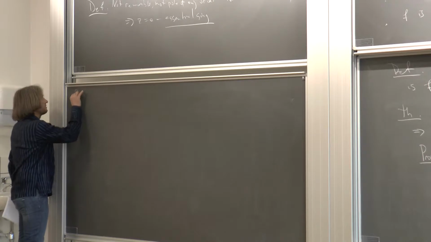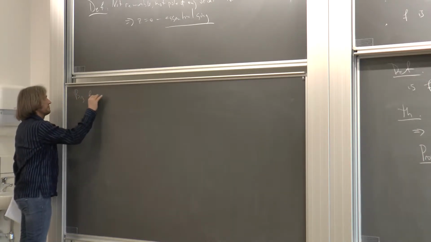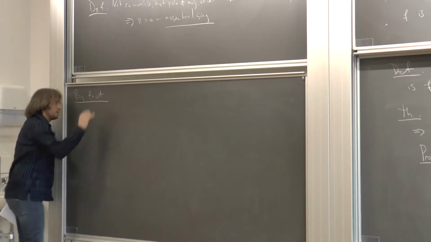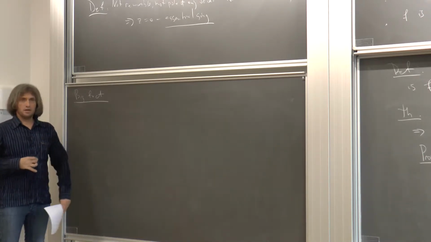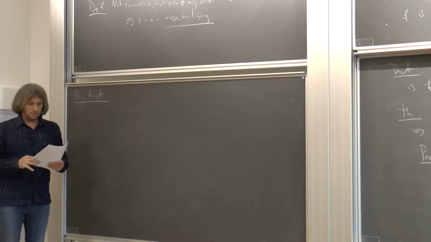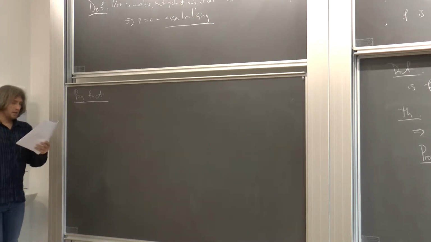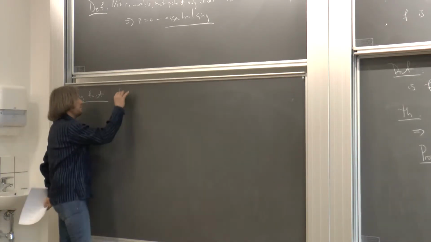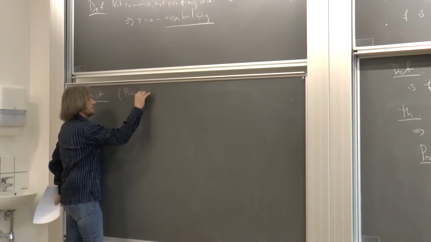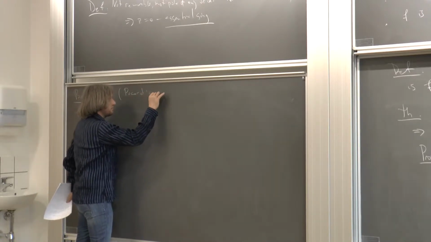There's a big fact: a function around an essential singularity behaves as randomly as possible. It's called the Picard-Gray theorem.